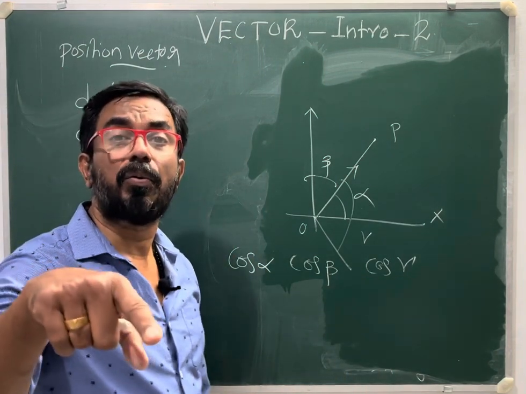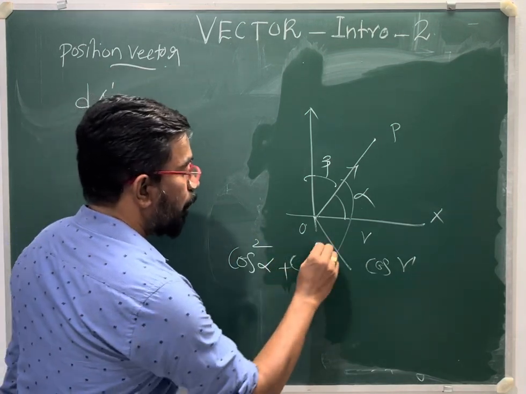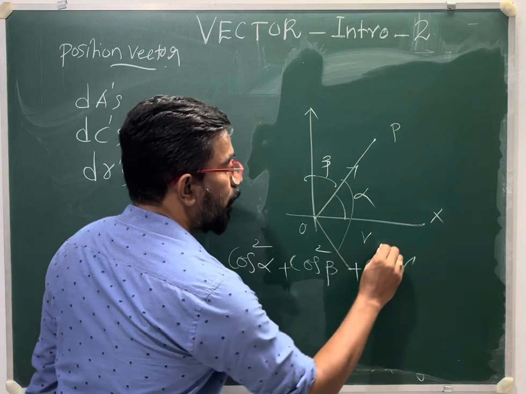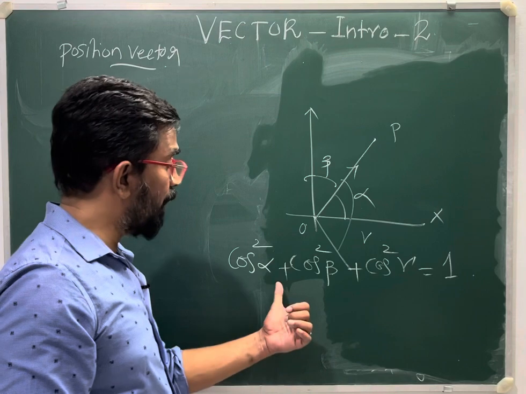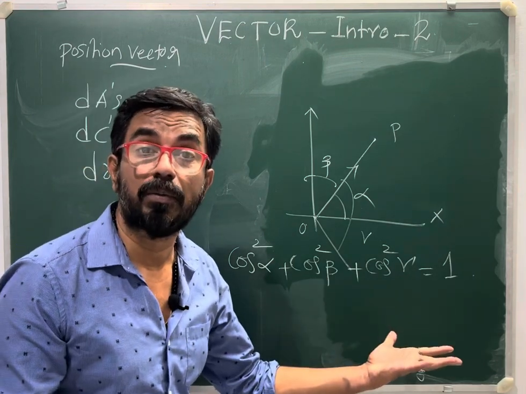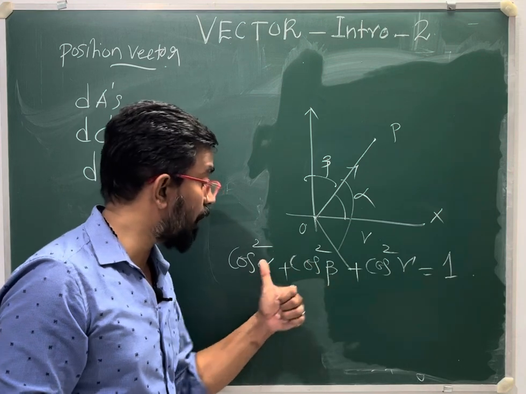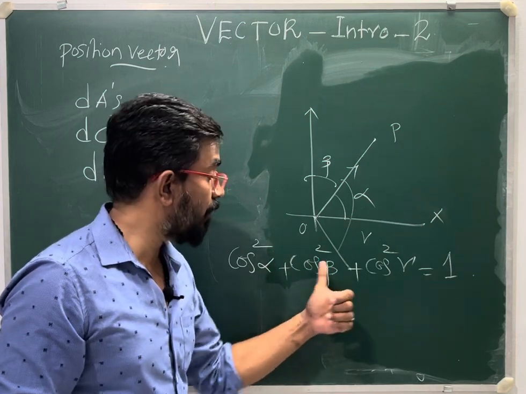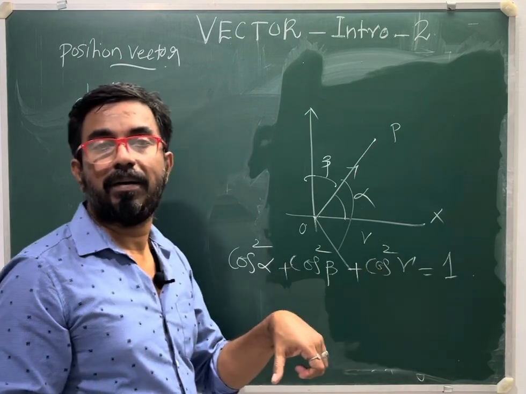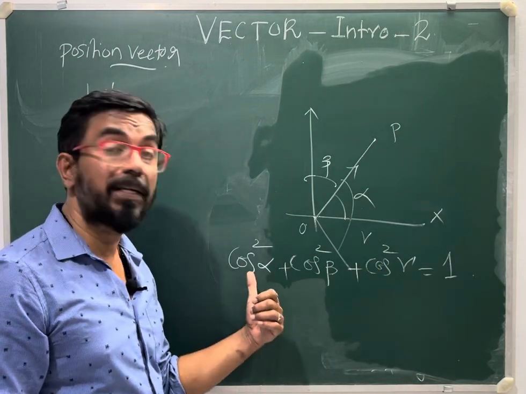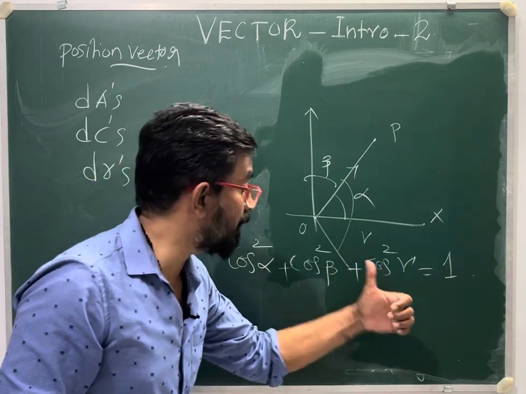As I said, through a derivation, we can prove that cos square alpha plus cos square beta plus cos square gamma is always 1. If you want, you can convert this relation into sine also. How? 1 minus sine square alpha, 1 minus sine square beta, 1 minus sine square gamma.